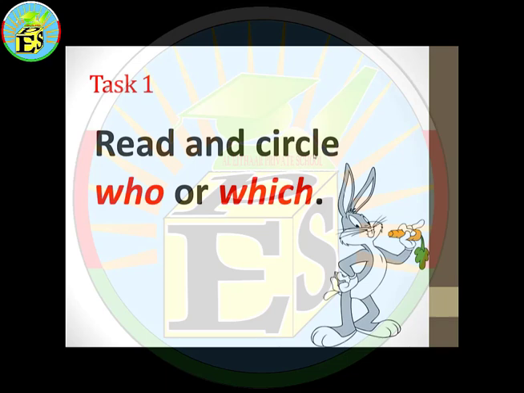We're talking about the bus. And the last picture. This is the doctor who or which works in the hospital. Try to circle the correct relative pronouns for these pictures. And if you are done with this, let's check the answers together.